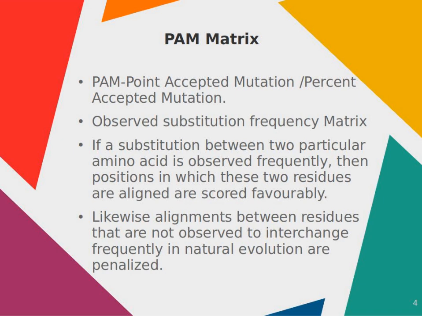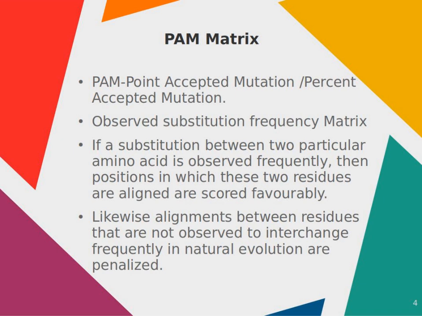PAM matrix. The full form of PAM is point accepted mutation, or another expansion of PAM is percentage accepted mutation. As mentioned earlier, the PAM matrix is based on observed substitution frequency. So generally we can say, based on the observation of substitution frequency, the percentage of accepted mutation is calculated with the PAM matrix.